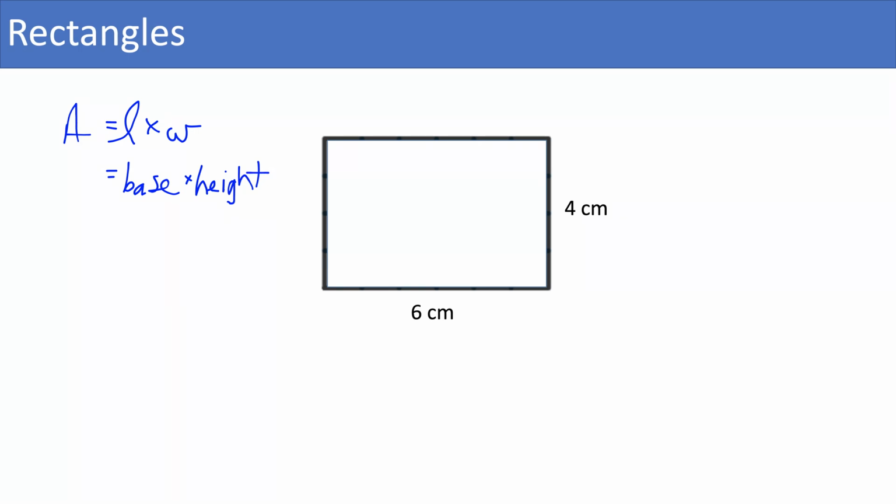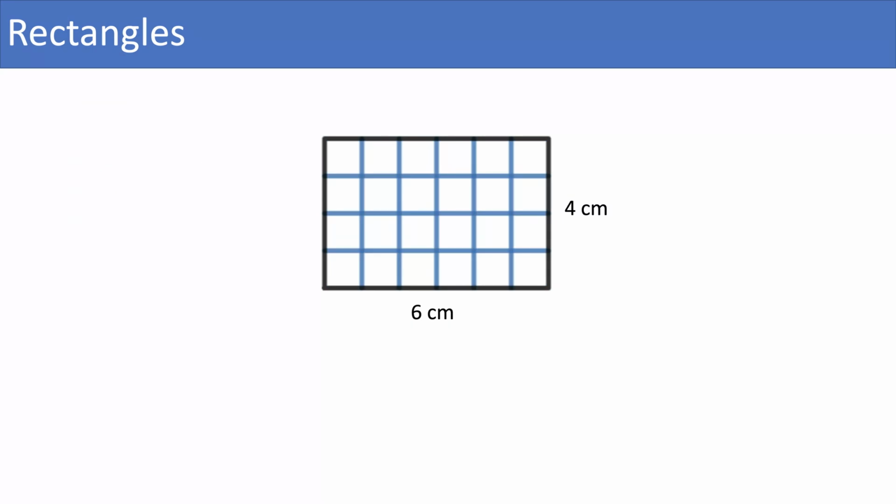All right, if this is 6 and this is 4, what is the area? Some of you are saying, Miss Mendez, it's 24 square centimeters. So what does that mean? That means you are literally cutting this shape into 1 by 1 centimeter squares.